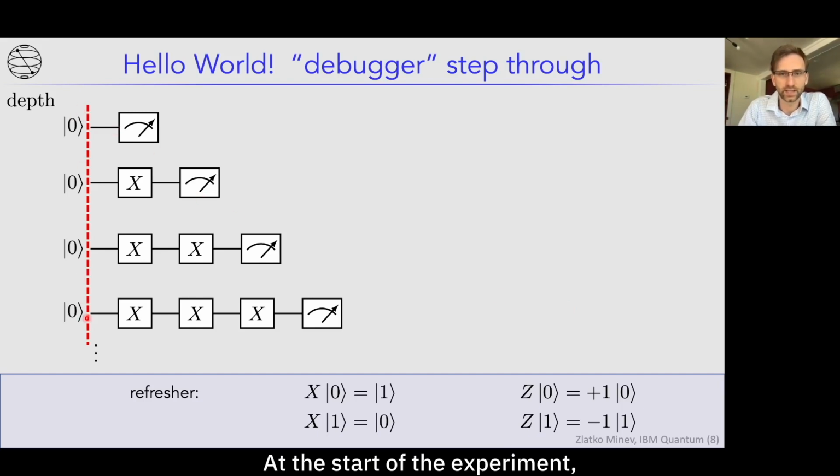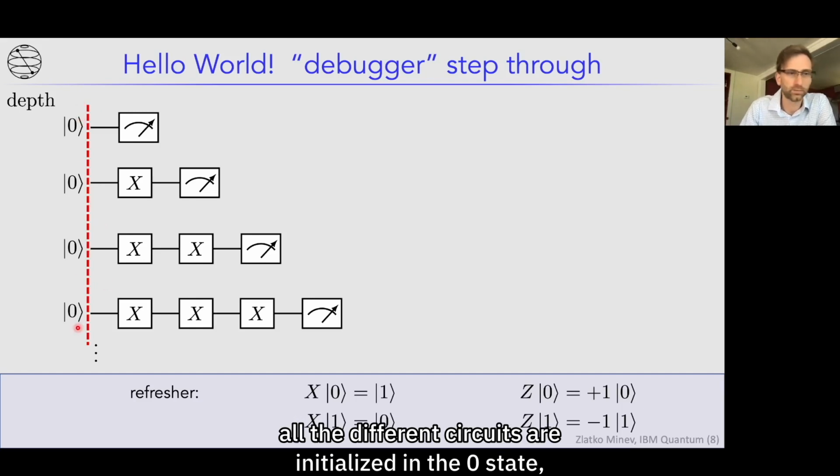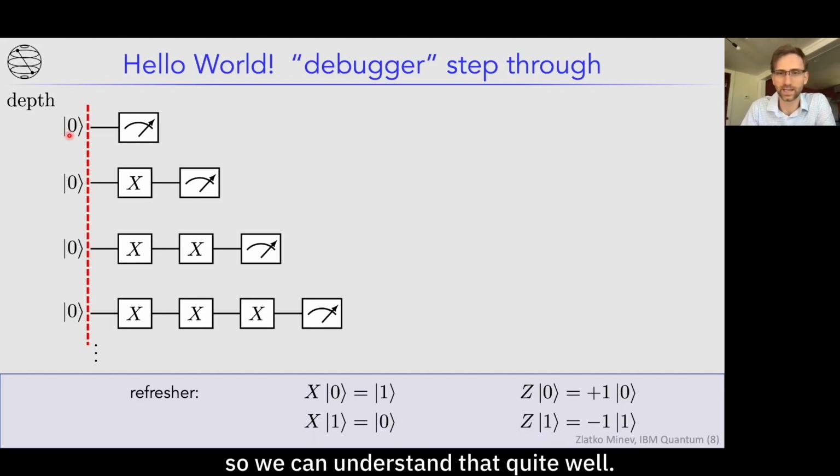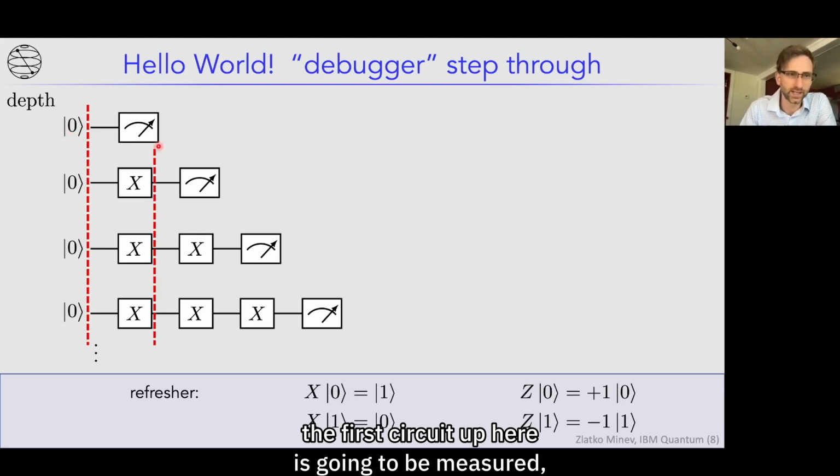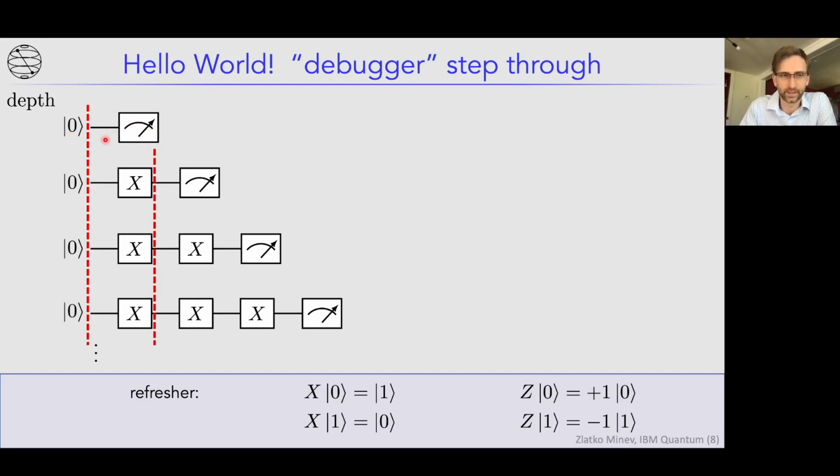At the start of the experiment, here denoted by the dotted vertical red line, all the different circuits are initialized in the 0 state, so we can understand that quite well. After the first step, the first circuit up here is going to be measured, and the rest will be flipped.